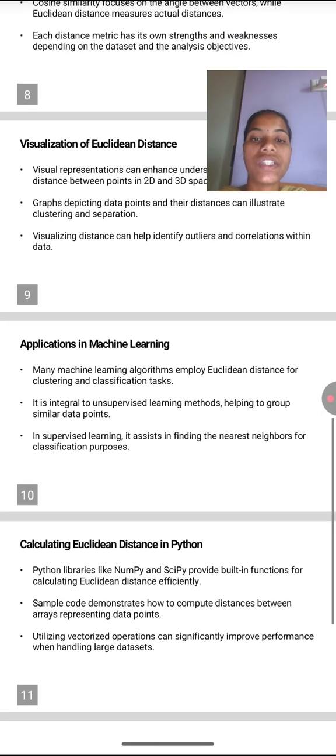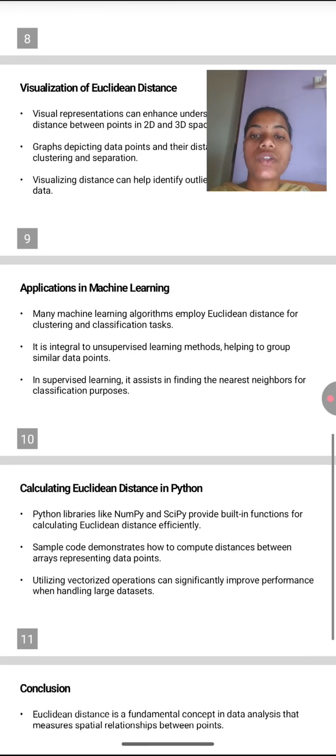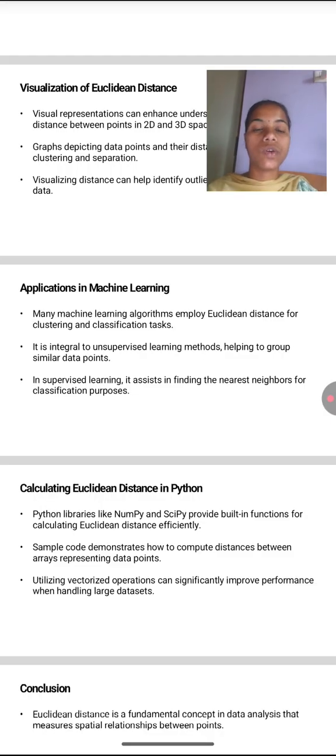So, the applications in machine learning. Many machine learning algorithms employ Euclidean distance for clustering and classification tasks. It is integral to unsupervised learning methods. In unsupervised learning, there is no labeled data present.